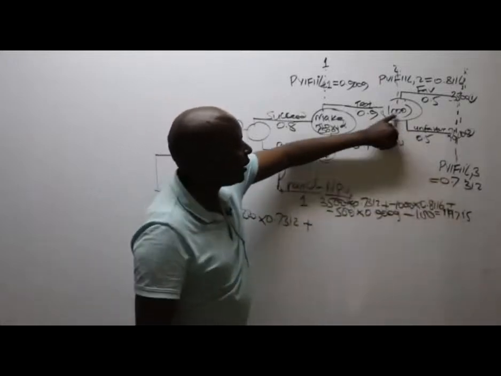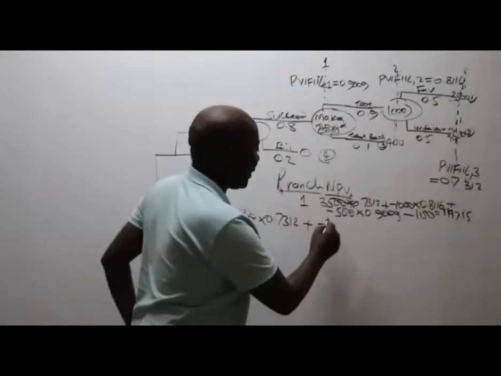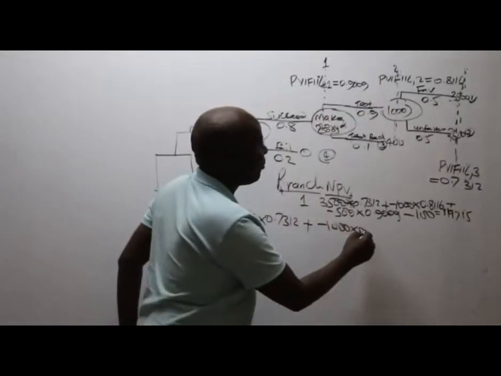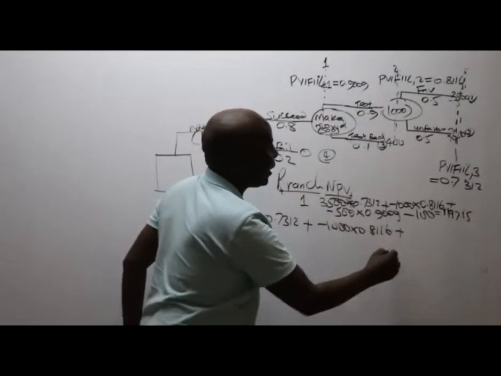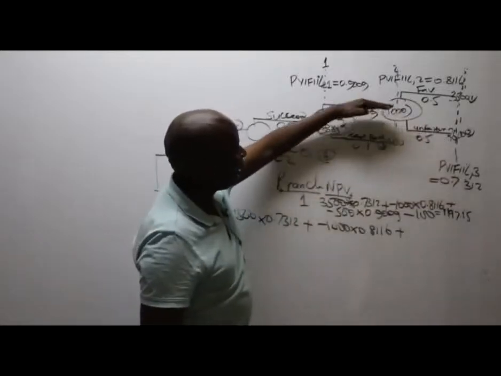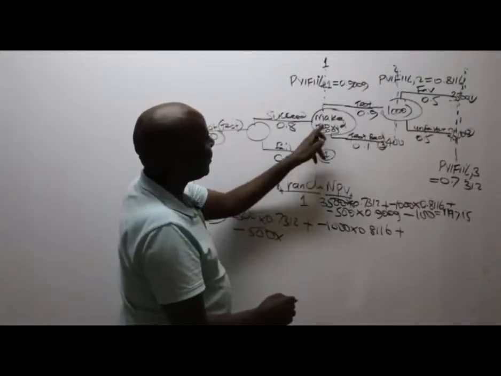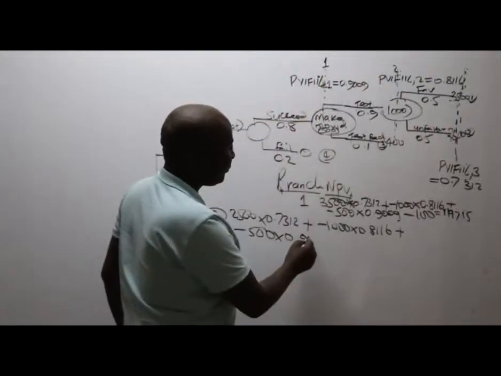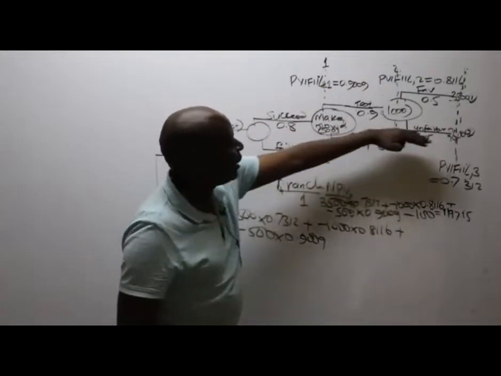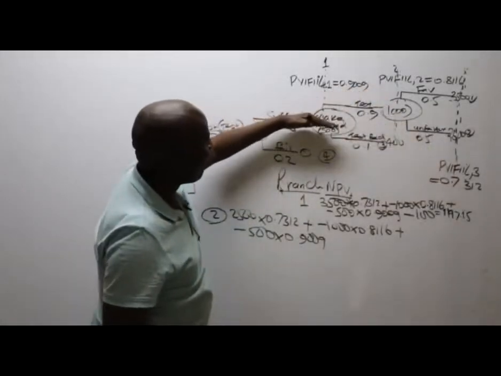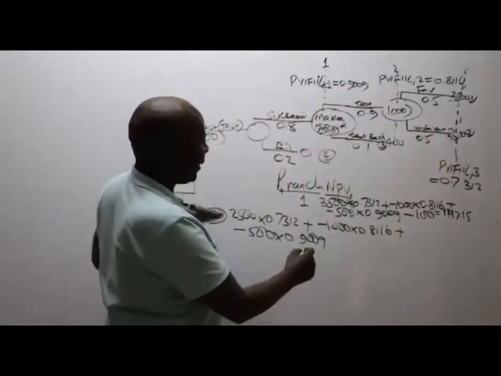Plus, I'm moving here, I can see on my road, there is this minus 1,000 times 0.8116 plus, continuing with my journey, picking only cash flows alone, minus 500 times the discounting factor. I'm continuing with my journey until I see this minus 100.